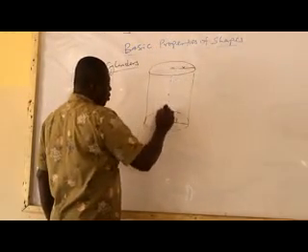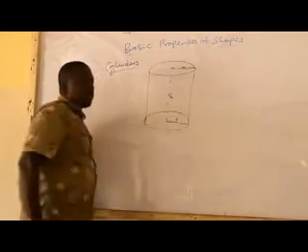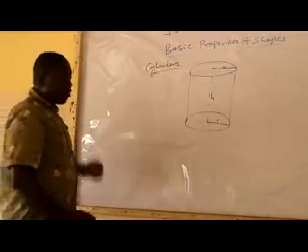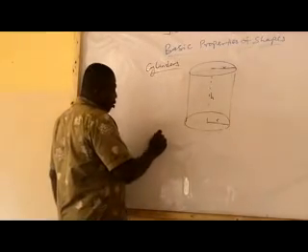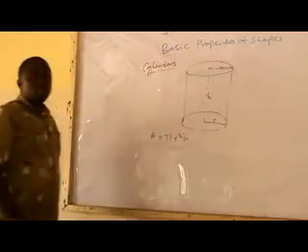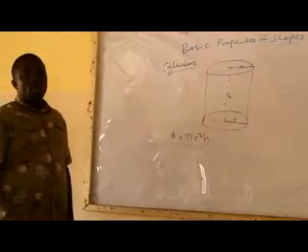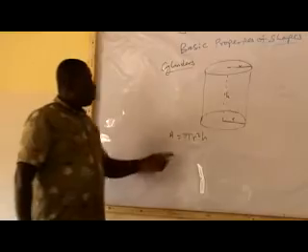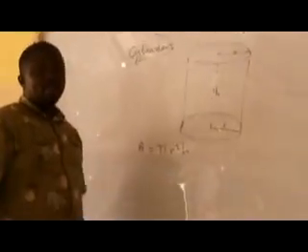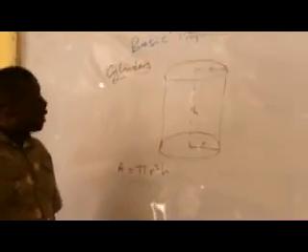The distance from this place to this place is height. So the volume of a cylinder is equal to pi r squared h. This is the area of a circle multiplied by the height. You get the volume of the cylinder.